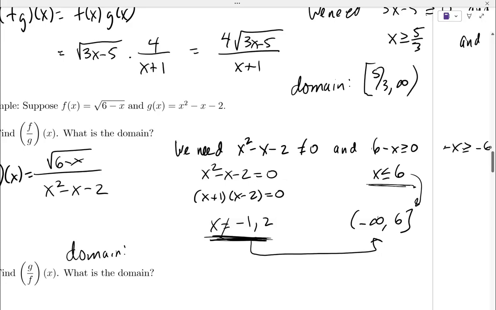Is -1 less than 6? Yep. Is 2 less than 6? Yeah, so those numbers would be in the interval. We need to delete them out, right? So how would we write this to delete out those numbers? Okay. And is it going to be a parenthesis or a bracket? Because not included. Good. Okay.